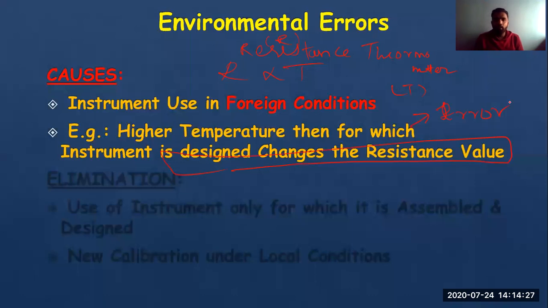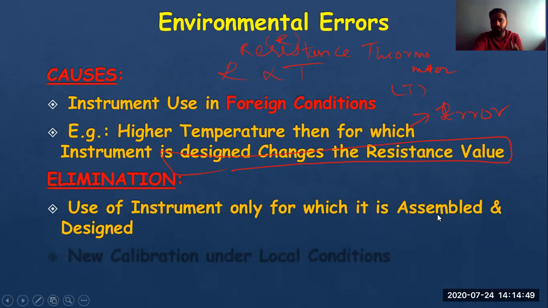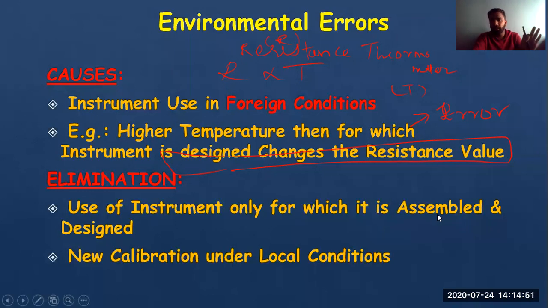How can you eliminate this kind of error? If you know that this kind of error is caused by changing the environmental condition, you can eliminate it by using the instrument in an environment for which it is assembled and designed. Then you won't get any kind of error.